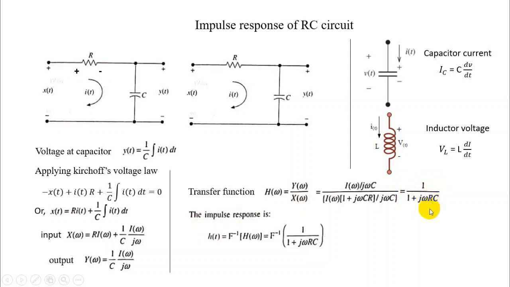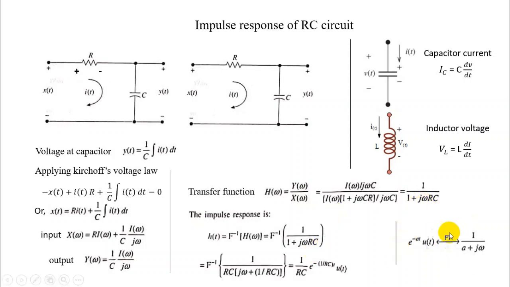This is of the form 1 divided by alpha plus j omega, which we have determined several times in previous videos and problems. So this is the inverse Fourier transform of that, and in this way you can determine the impulse response of the system.